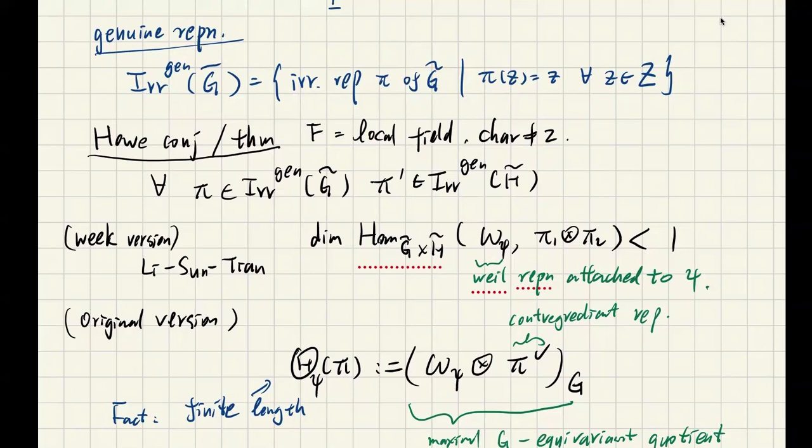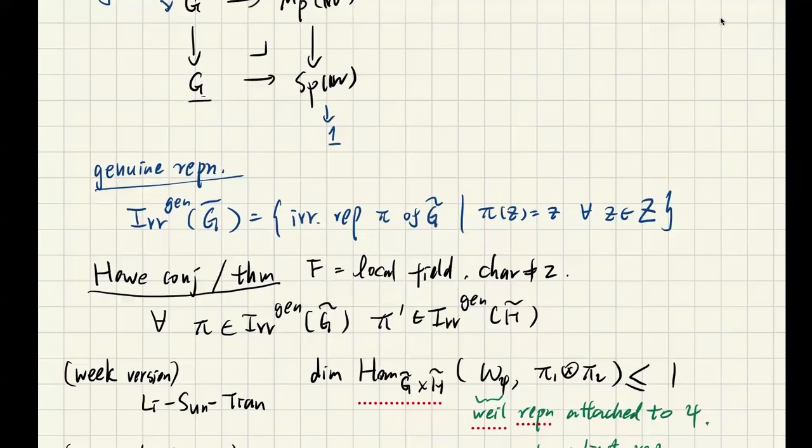This was proved by Li, Sun and Tian, which says that the multiplicity of pi 1 times pi 2 occurring in the Weil representation attached to a character psi is less than or equal to 1.